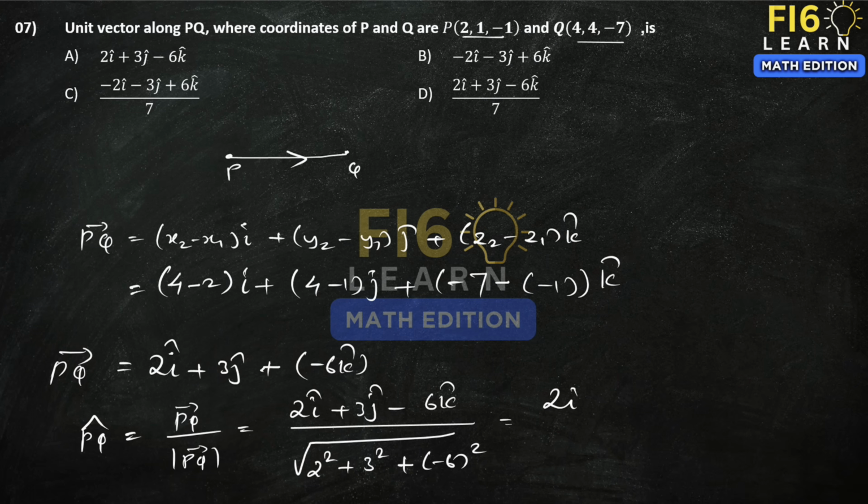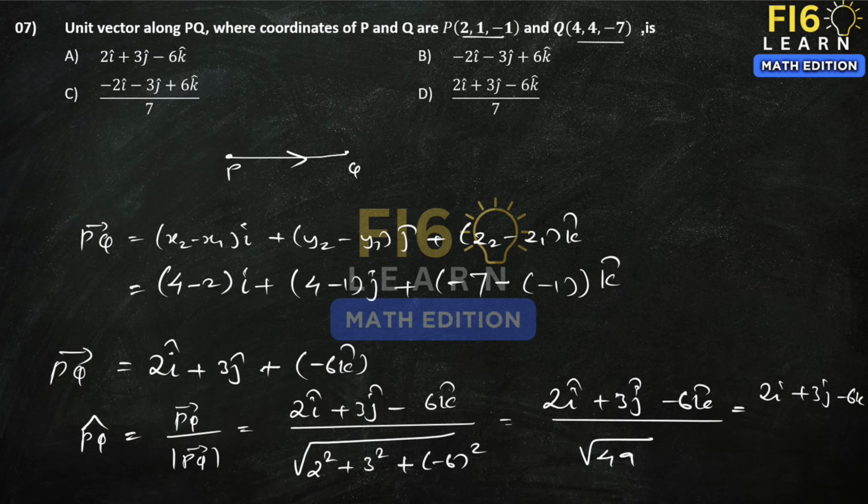So we will get 2i plus 3j minus 6k cap divided by root of 4 plus 9 plus 36, which is root 49. So we will get 2i plus 3j minus 6k divided by 7. So this is option D.